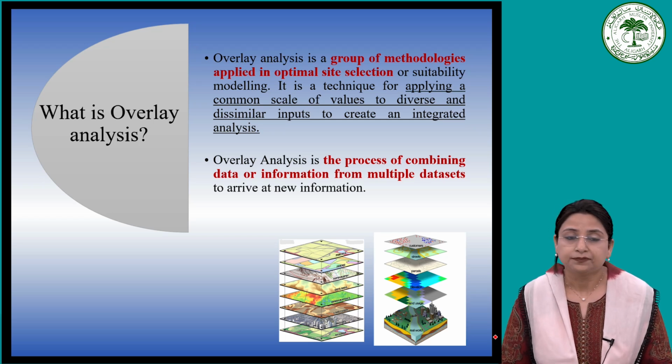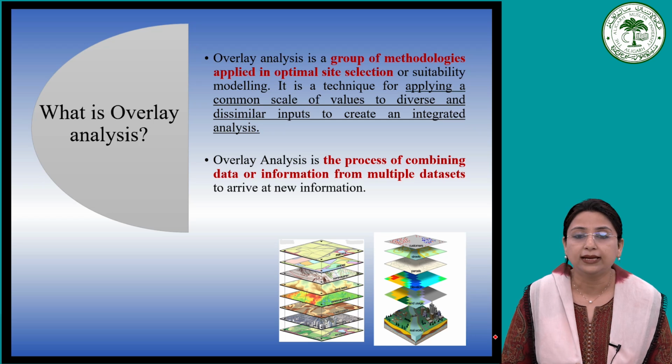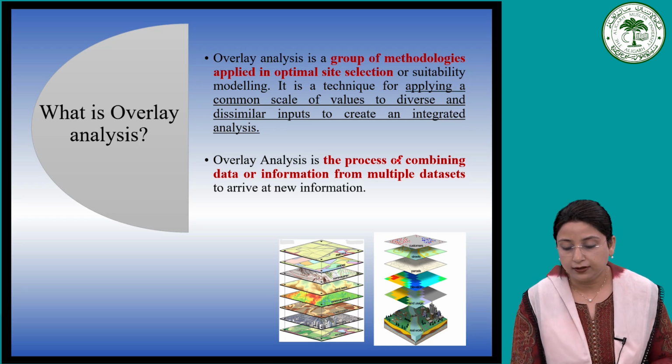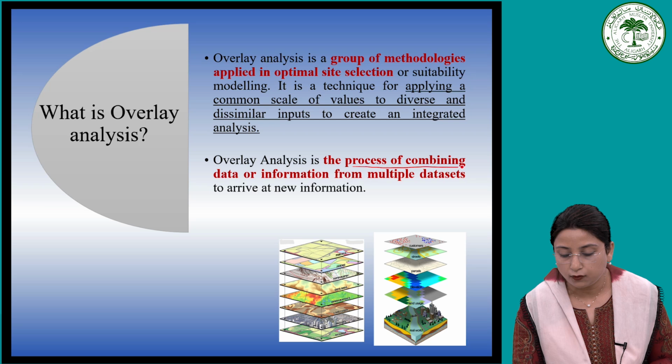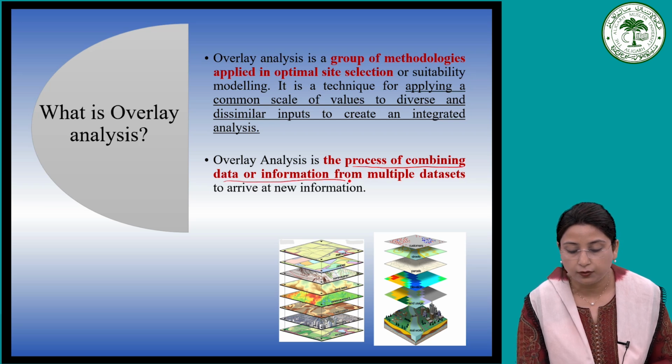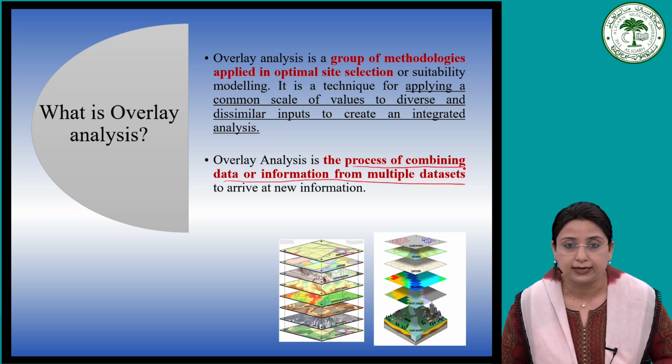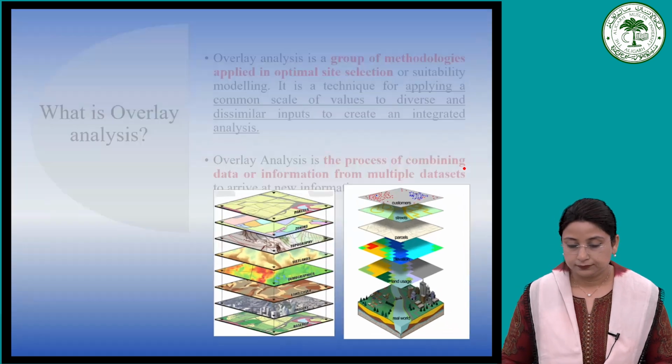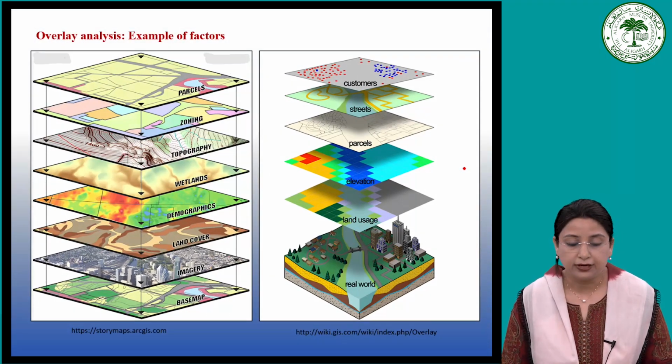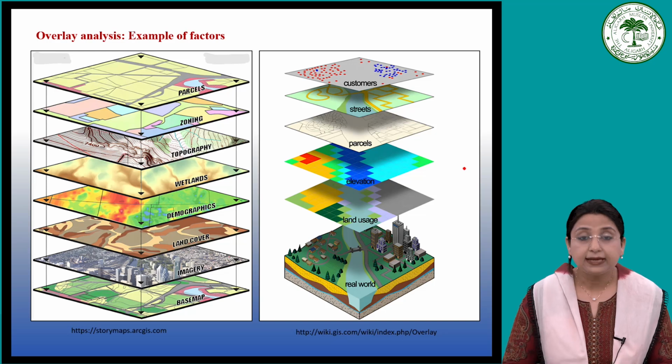Then we have to apply these dissimilar inputs to a common scale in order to have the integrated analysis. So overall, overlay analysis is a process of combining data or information from multiple data sets. For example, here you can see there are multiple data sets.